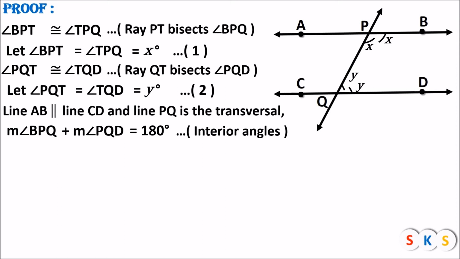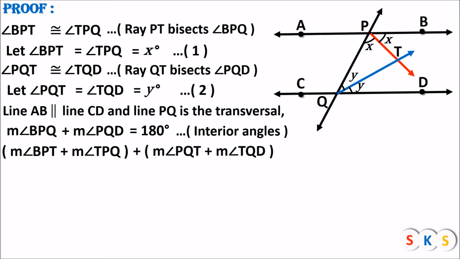Now at the place of BPQ, we can write angle BPT plus angle TPQ. You can look at this figure. Angle BPQ is the sum of two angles. They are BPT and TPQ. Similarly, angle PQD can be written as measure angle PQT plus measure angle TQD according to angle addition property.